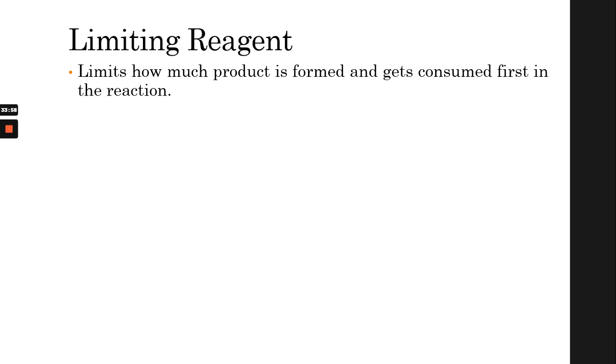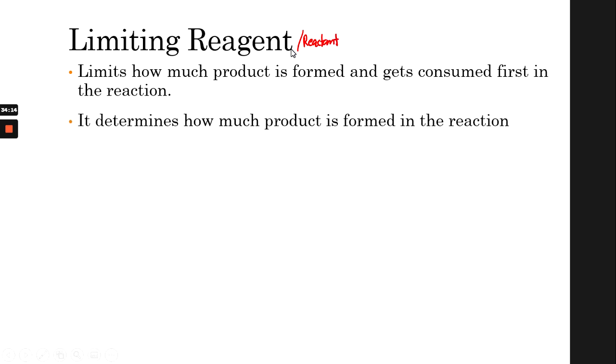And that is why we call the yung unang naubos na chemical or substance as the limiting reagent. You can also see this as a limiting reactant. So it determines how much product is formed in the reaction.